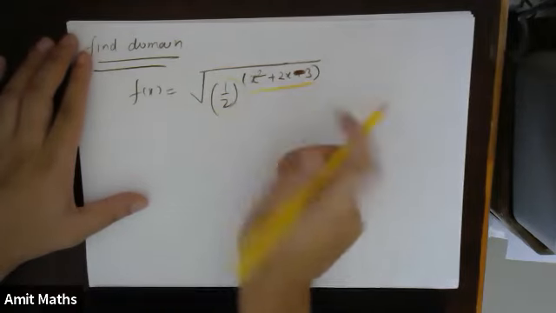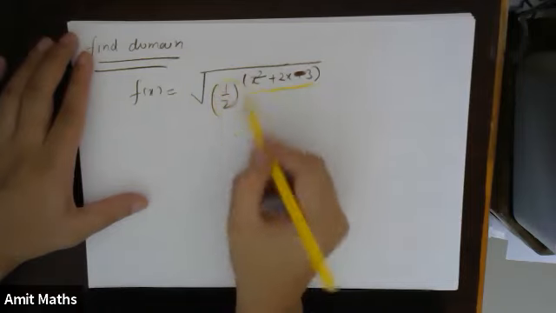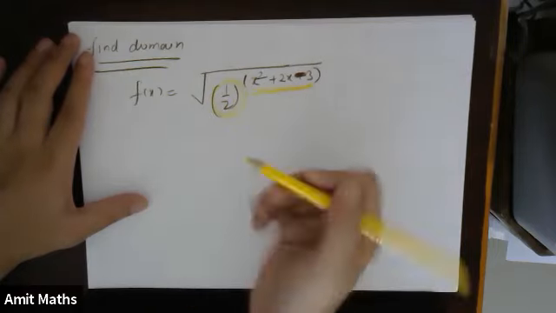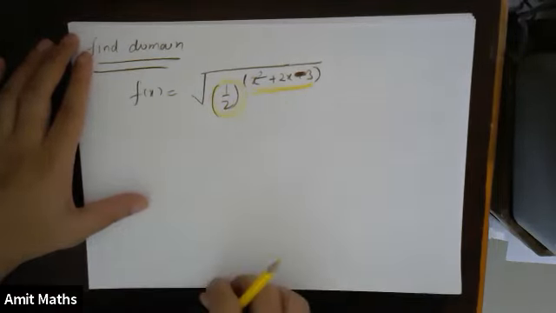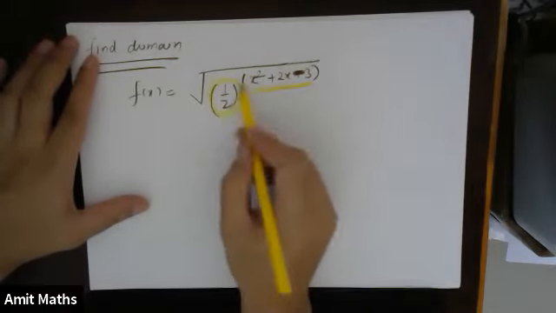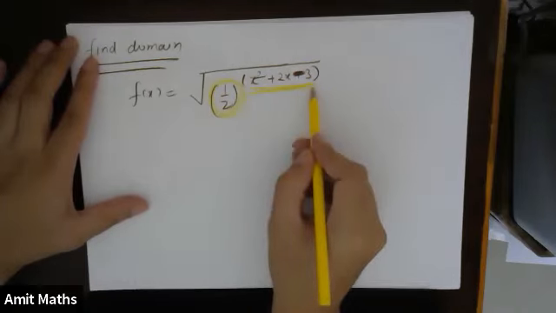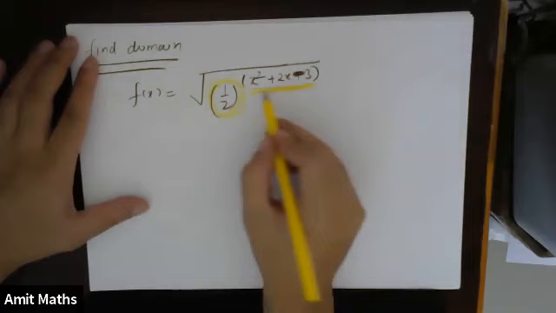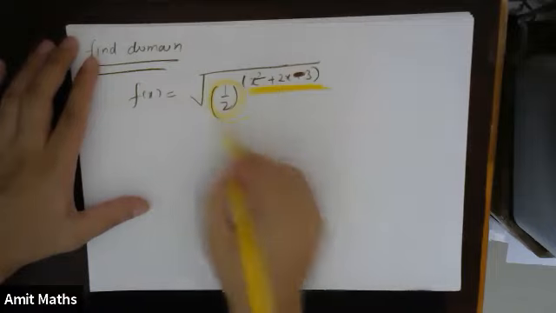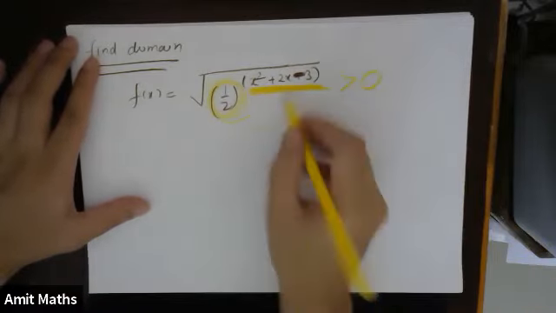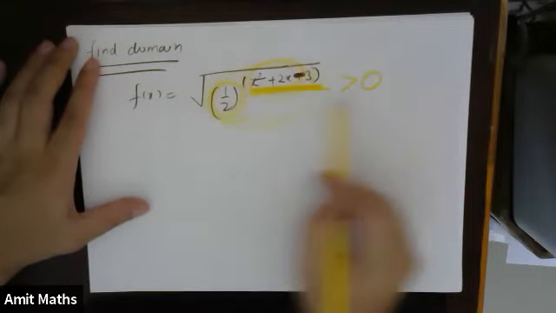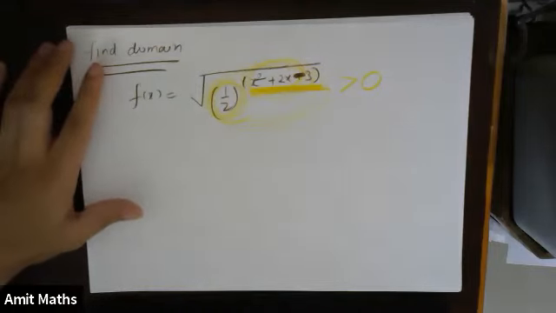Now see, whatever power of 1 by 2 you keep, no matter what power of 1 by 2 you keep, you will always get a value greater than 0. So no matter what this power becomes, this whole thing will always be greater than 0. That means there is no restriction on x.